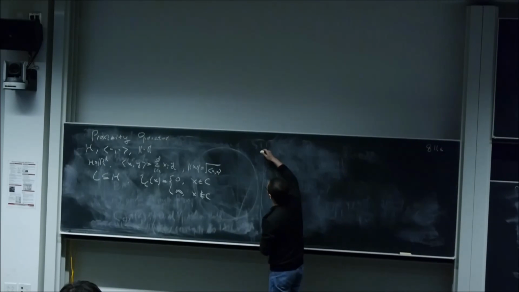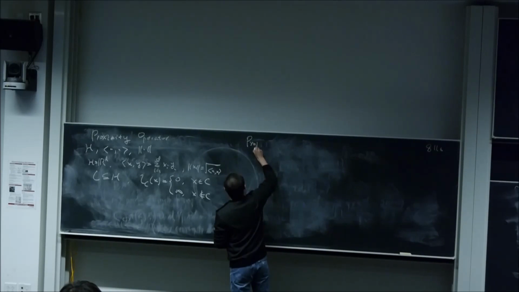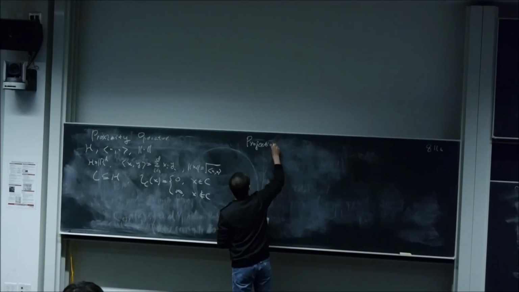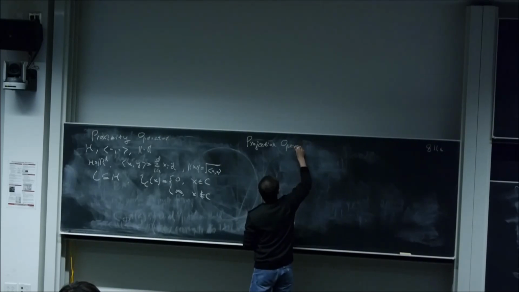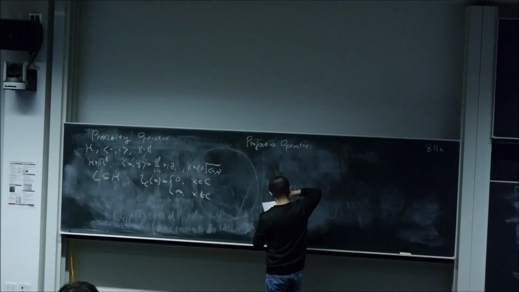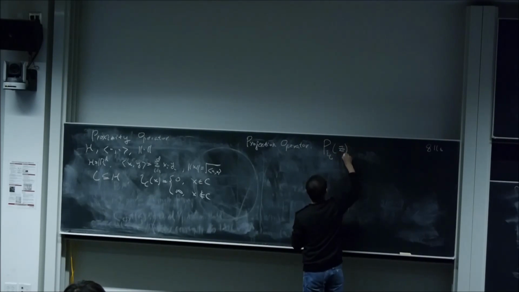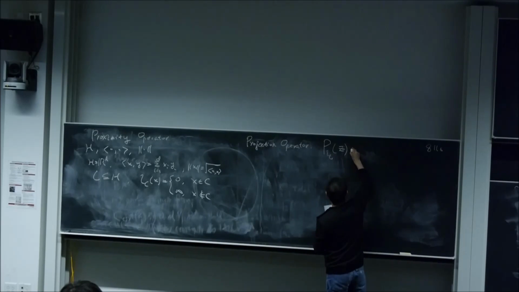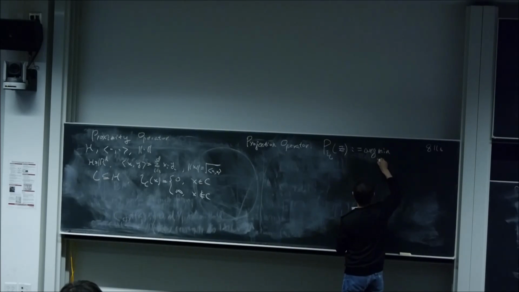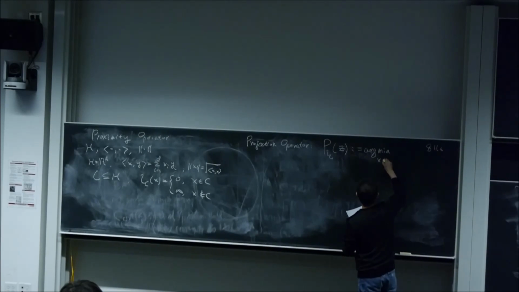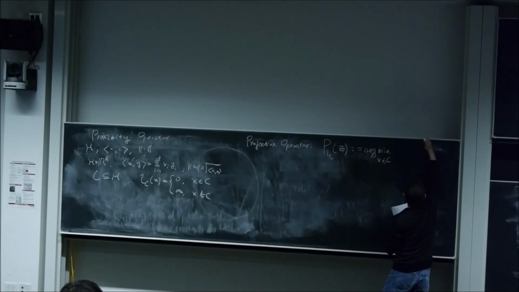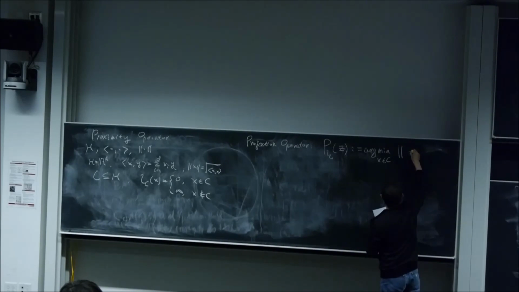So we have the projection, right? The projection operator, which is defined as the projection into some set C of the vector Z, is going to be defined as the argmin, the minimizer x in the set C, of half the norm of Z minus x, squared.